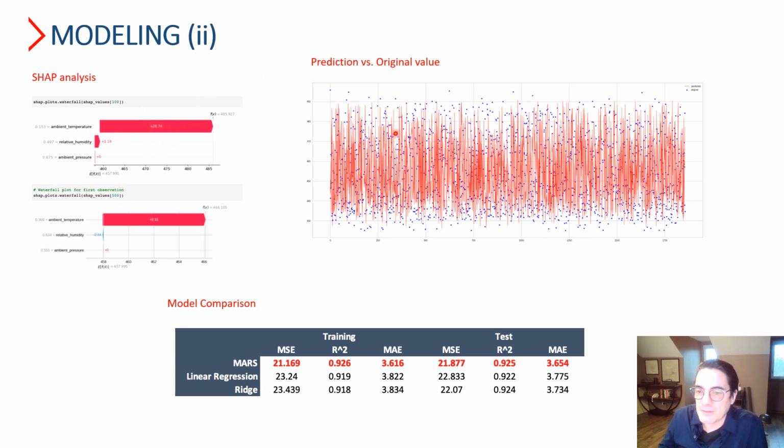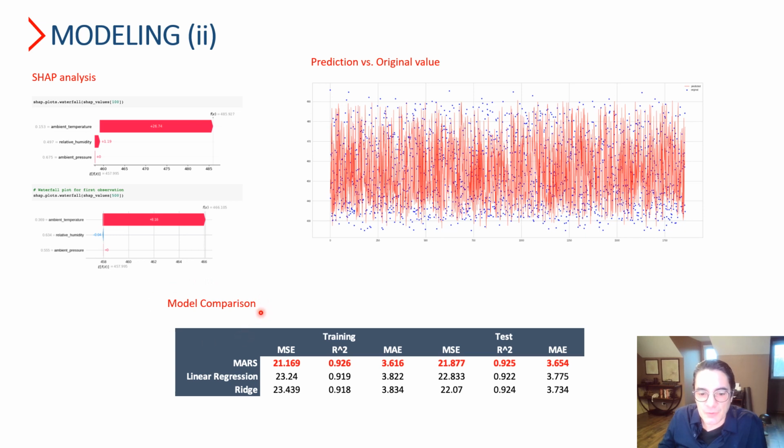And when we look at this graph, we can see that our predictions versus the original values are not that far. There are some cases that might be some of the extreme outliers that we have left here. But overall, the model seems to be performing in an acceptable way.